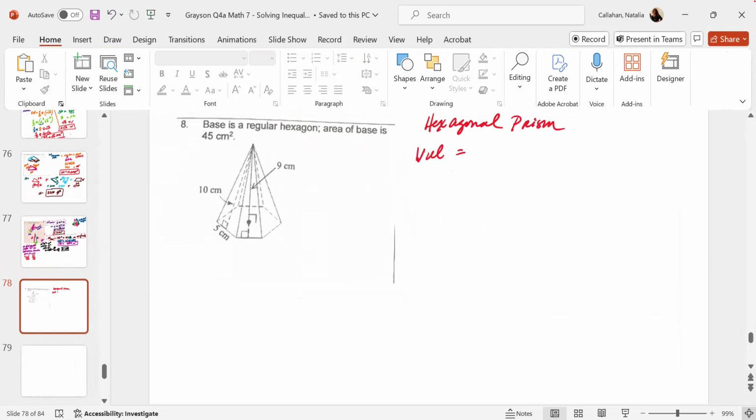Have you noticed the volume of any prism is always going to be the area of the base, which in this case is a hexagon, right? Times what? Times height, except the problem with this one is you see how it gets smaller on top? So I think it's 1/3. So let's just check to make sure.